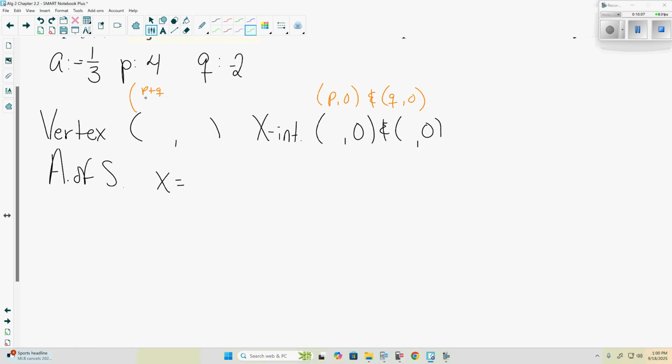The vertex is ((p plus q) over 2, f of (p plus q) over 2). What are our x-intercepts?